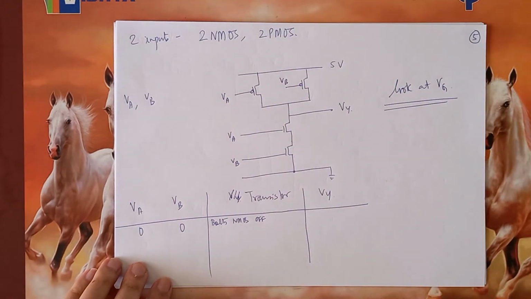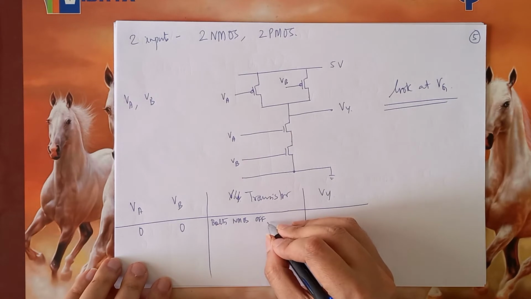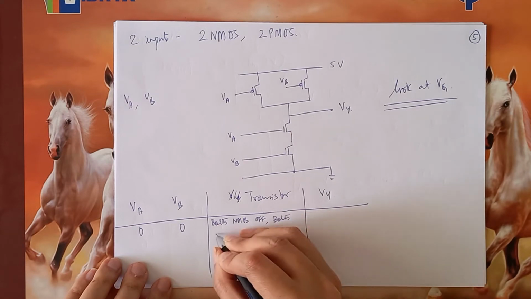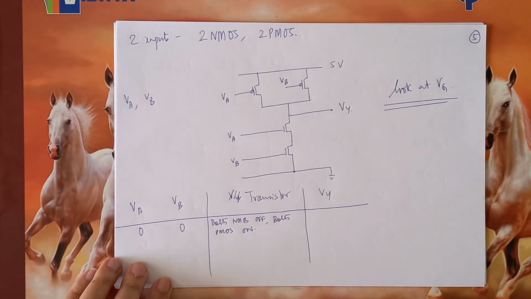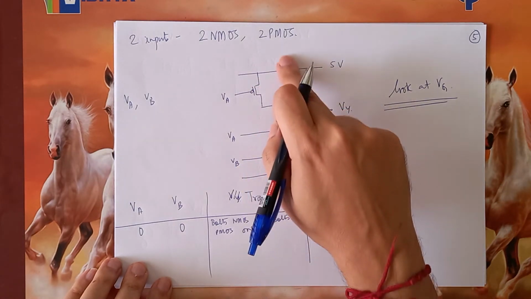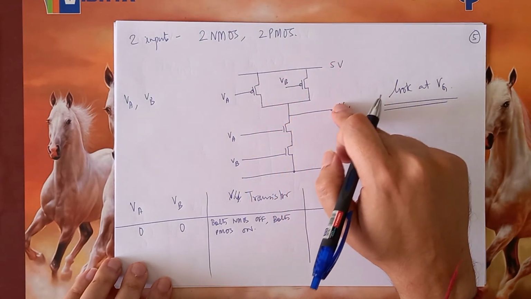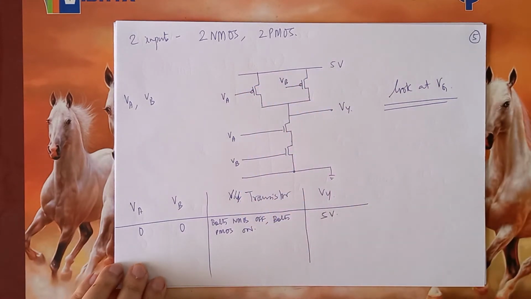Now what about the PMOSs? Both are getting 0, so both will be on. So these two will act like open switches and these two will act like closed switches. Therefore, VY will be a direct connection between 5 volts and itself through two parallel paths. So VY will be 5 volts.